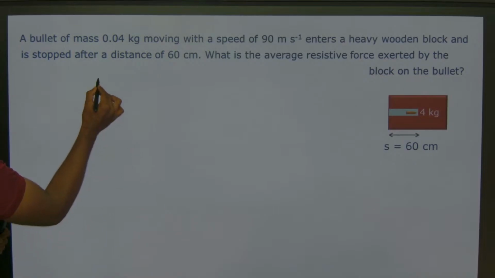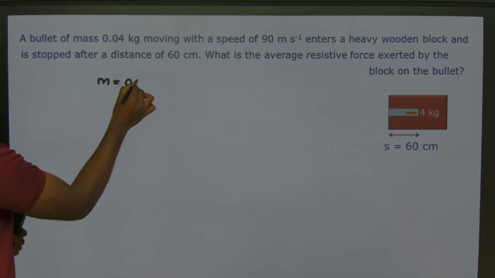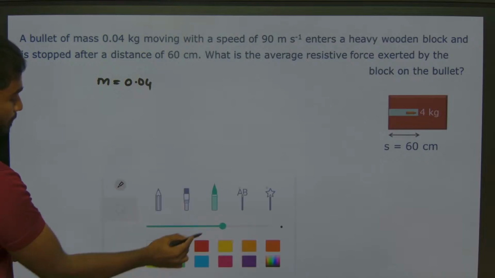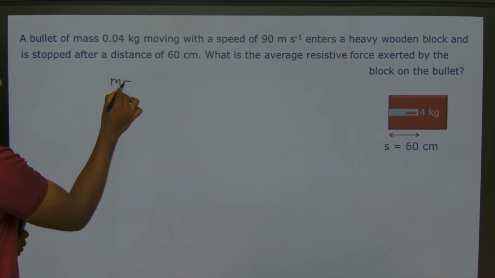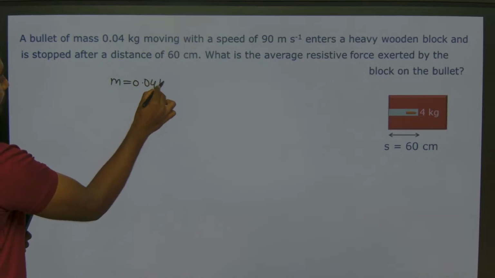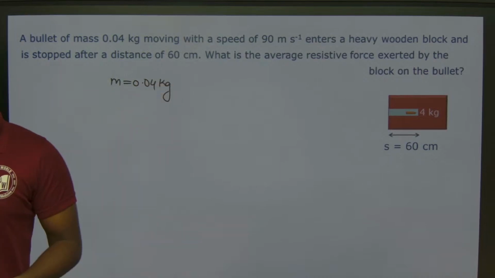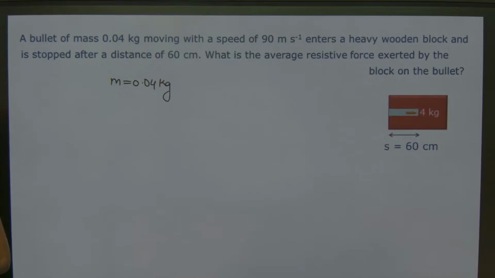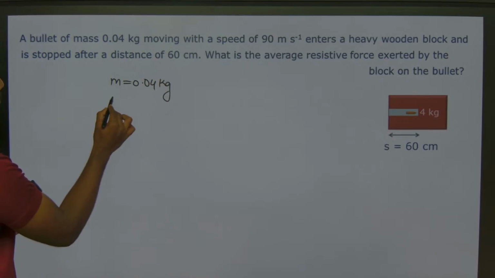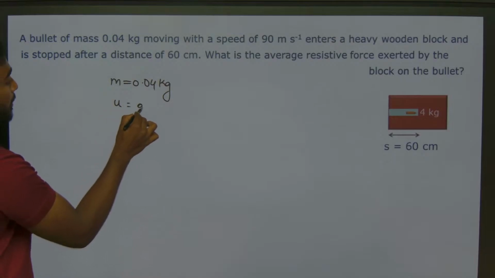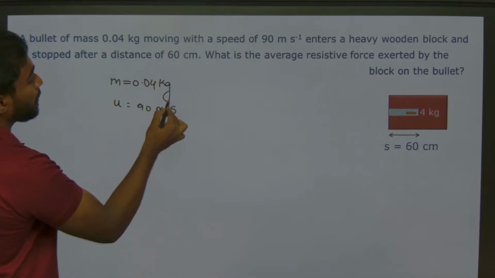So mass is 0.4 kg and it is moving with velocity 90 meter per second.